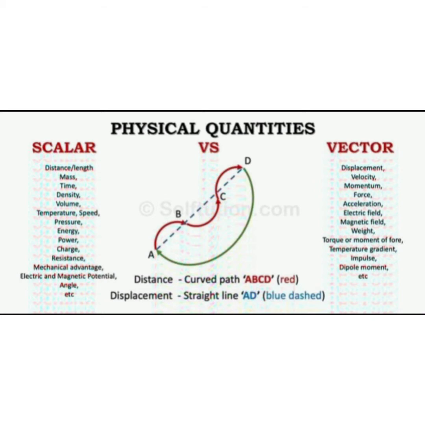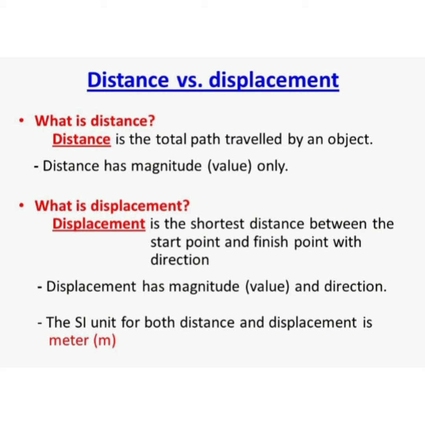The shortest distance that takes direction into account is called displacement. Distance is the total length of the actual path covered by a moving object, irrespective of its direction.